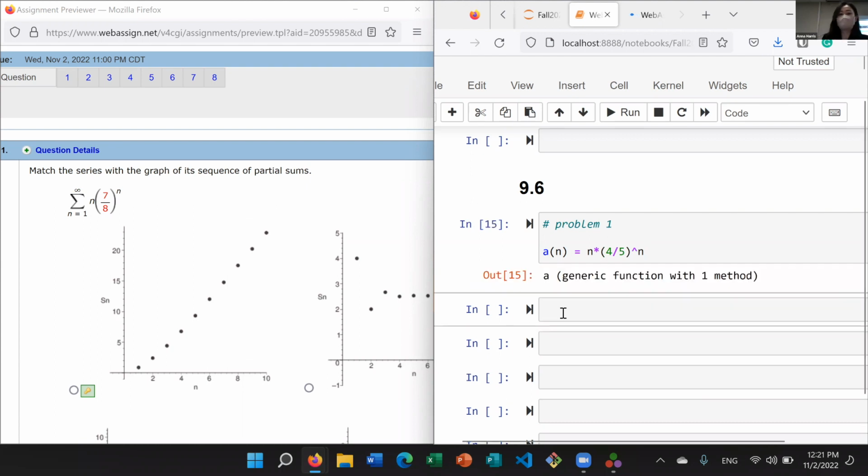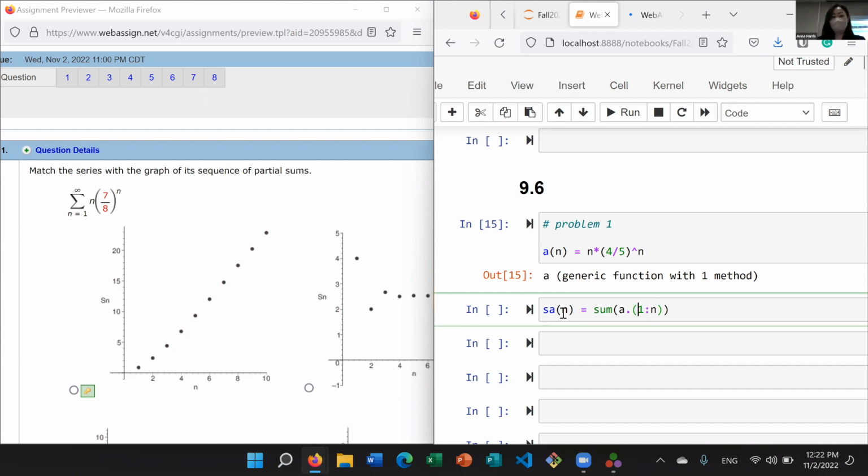Okay, match the series with the graph of each sequence of partial sums. So I need to find another function. What do you want to call that function? S sub n is equal to the sum from 1 to n.